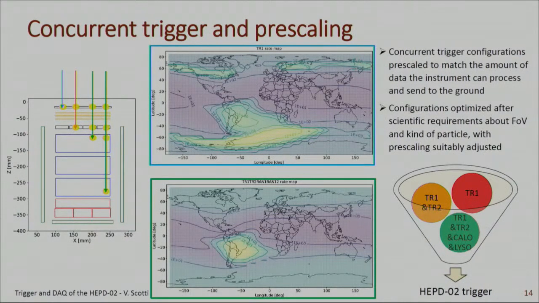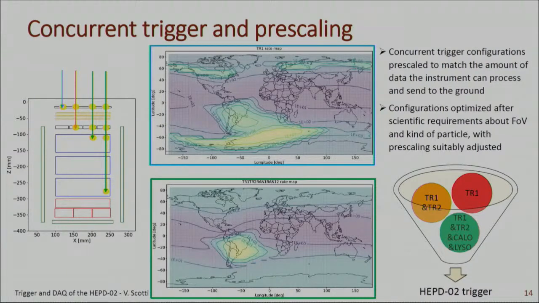As I said, we will implement a concurrent trigger, and the lower threshold is the one for particles which only hit the first plane of trigger, and then we can have particles at higher energy which cross the whole system. And of course, the trigger rate maps are very different for these two configurations.